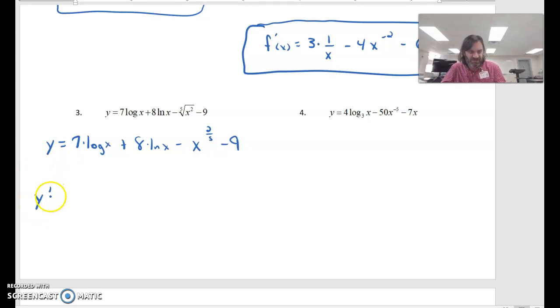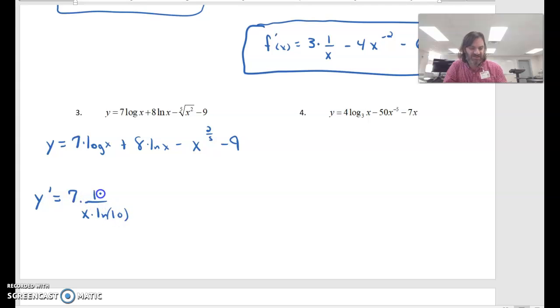So y prime equals 7 will just stay there, and the derivative of the log of x, if I remember, is 1 over x times the natural log of whatever the base is, and it's understood to be base 10 here.